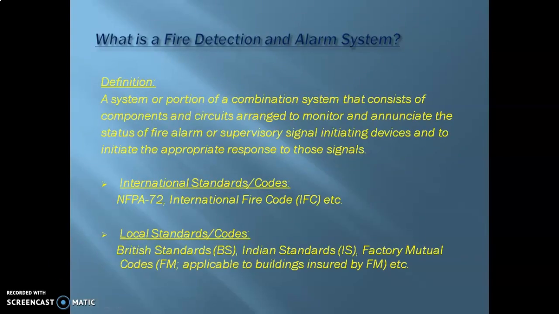So what is a fire detection and alarm system? As the definition states, it is a system or a portion of a combination system which consists of components and devices which initiate either a fire alarm signal or a supervisory signal and provide the appropriate response based on the type of signal that the fire alarm control panel receives.